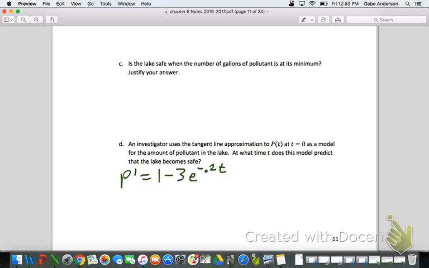So I could write P prime of 0 equals 1 minus 3e to the 0. e to the 0 is 1, so it's 1 minus 3. So that's my slope, negative 2.